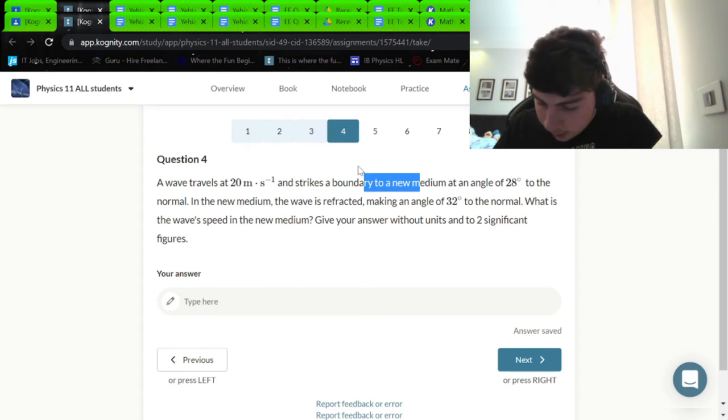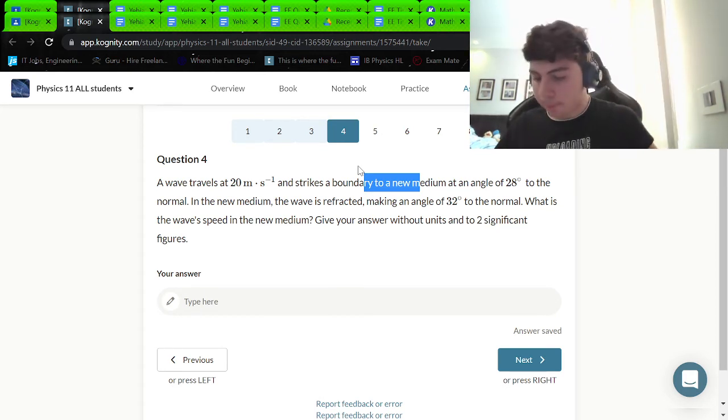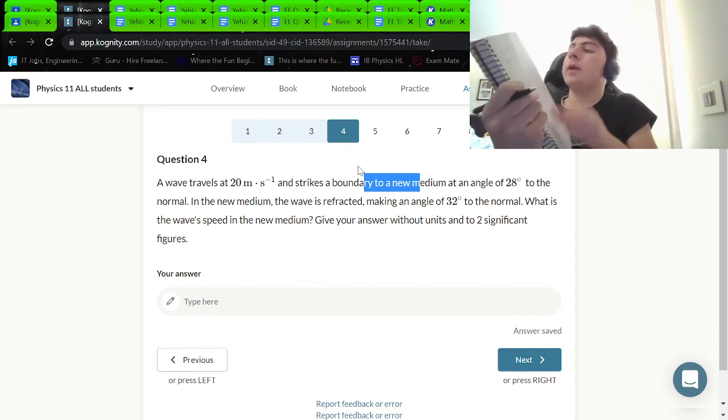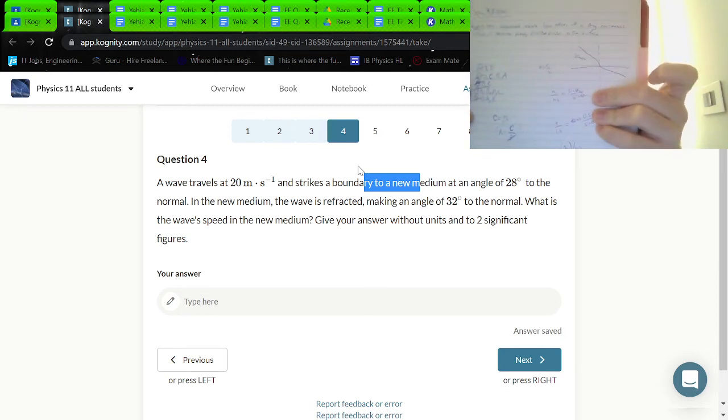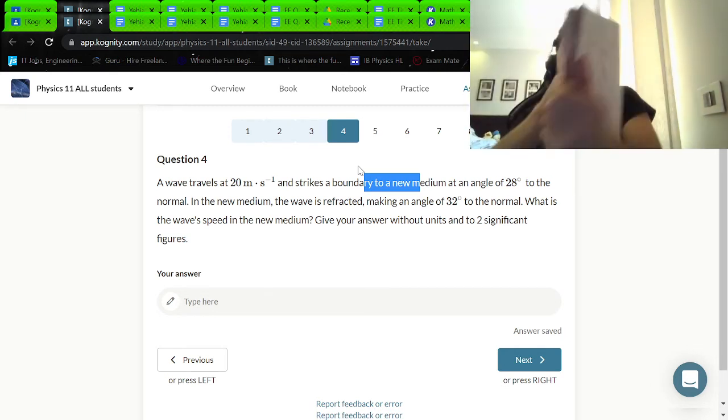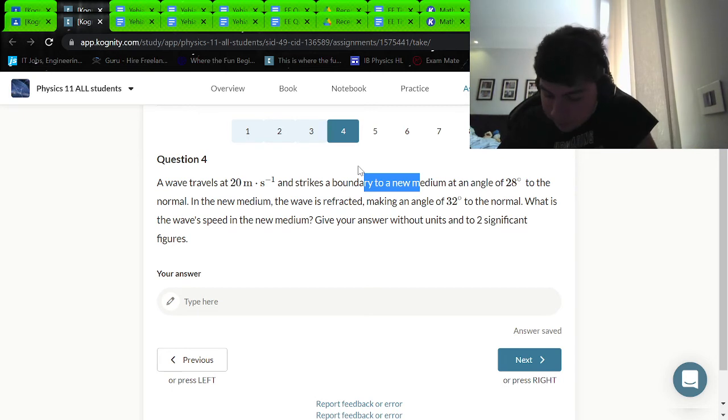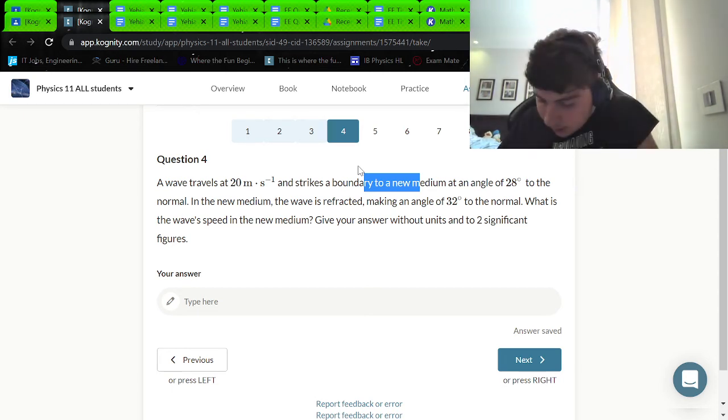It's coming in at 20 meters per second. And it gets refracted, making an angle 32 degrees. So it bends away from the normal because it's a bigger angle. Now all you got to do is fill in the angle. So 28 degrees, and here it's 32 degrees. See that?